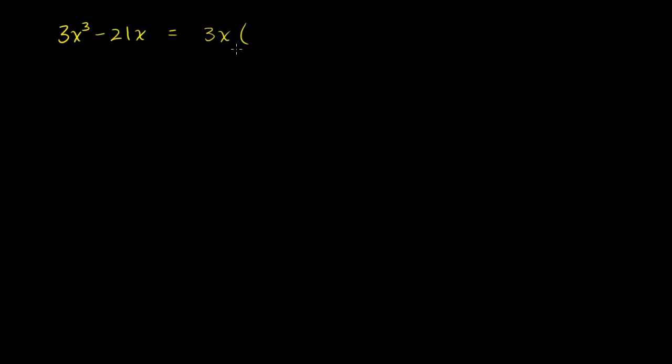This is the same thing as 3x times 1 over 3x times 3x to the third minus 21x. Notice 3x times 1 over 3x, I'm not changing the number. This is 3x over 3x. This is 1. But the reason why I picked 3x is because I saw that both of these terms are divisible by 3x. And you're going to see that when I divide both of them by 3x.